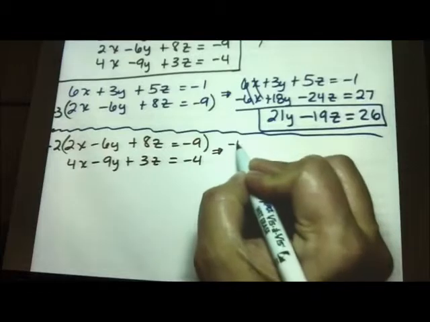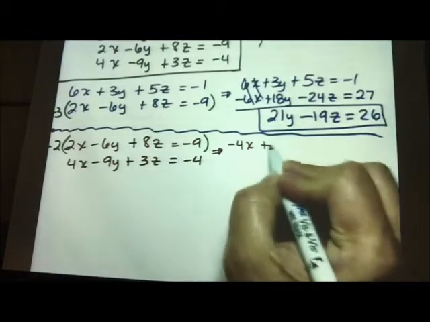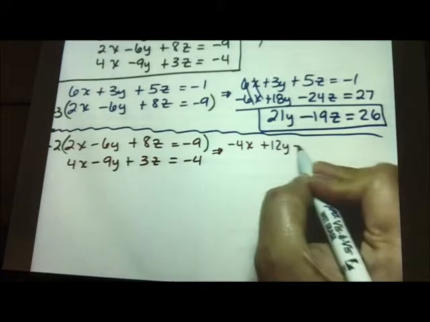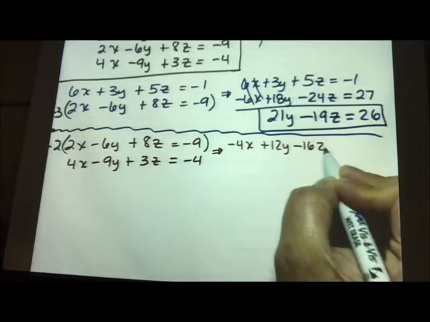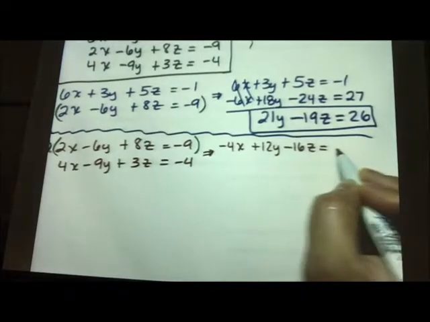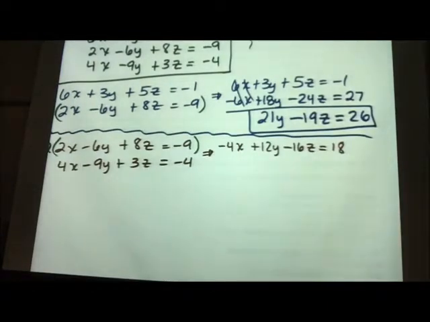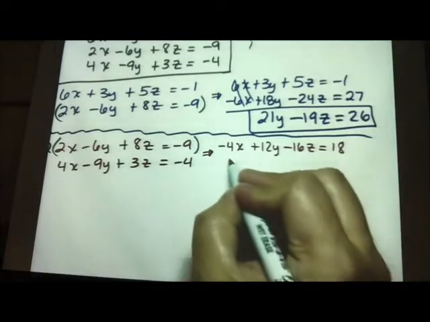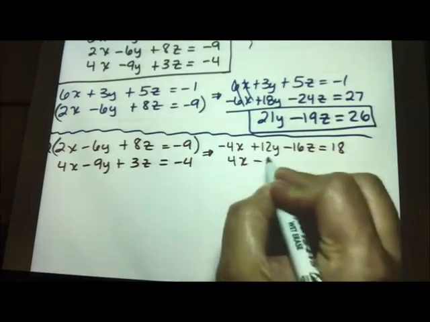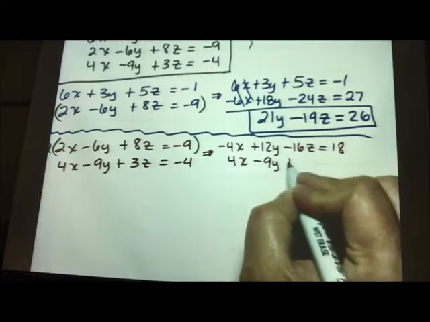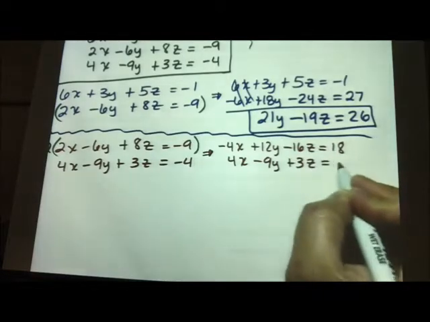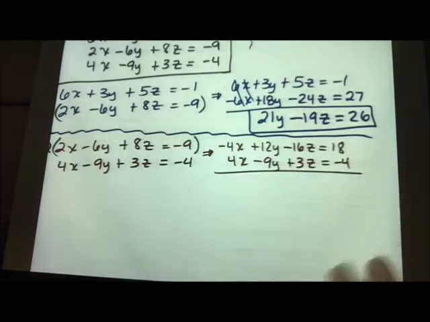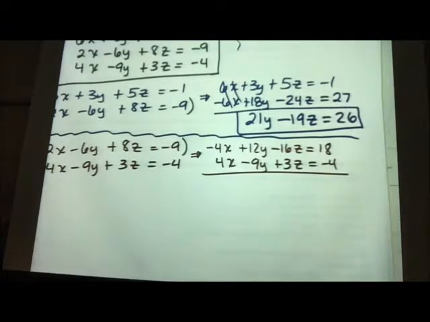So that becomes a negative 4x plus 12y minus 16z equals 18. And the bottom one stays the same. So did we accomplish our goal of eliminating the x?